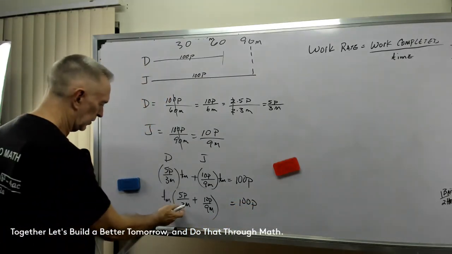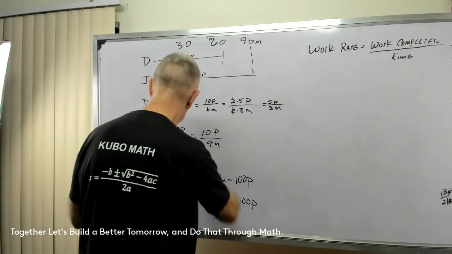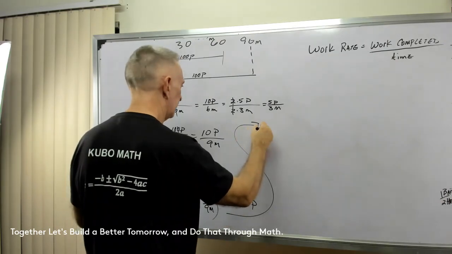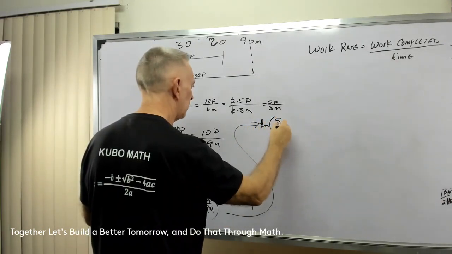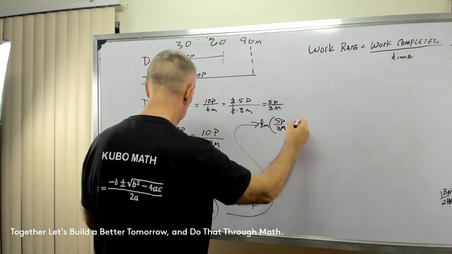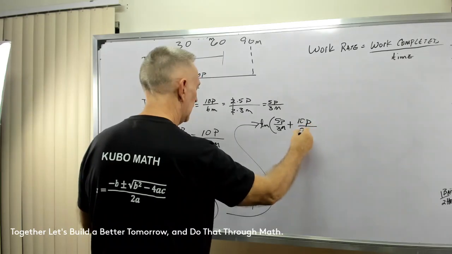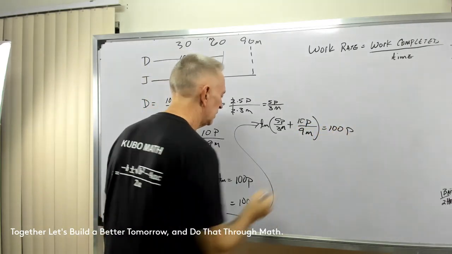Well, you can have 9 as a common denominator here. We'll just move ourselves up here. So we have T sub M times 5/3 papers per minute plus 10P over 9M, and that equals 100 papers.